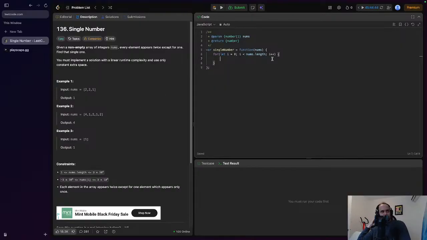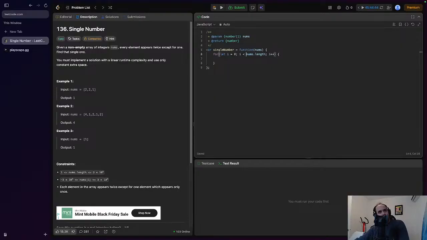I know that XOR flips the bits-ish, exclusive OR on the bits of the two numbers. But can you... Oh, I think I see what you're saying.